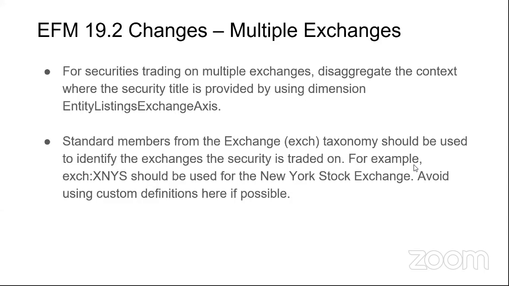You shouldn't have to use custom definitions for these members. Pretty much all of these should be defined in the exchange taxonomy, which is allowed to be used with these cover page filings. So for example, you can use the XNYS element for the New York Stock Exchange. You want to avoid using custom definitions here if possible.